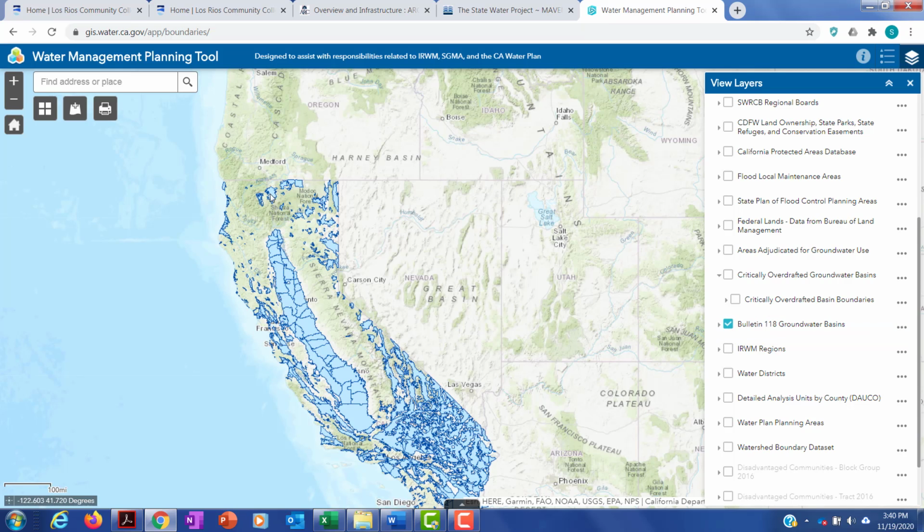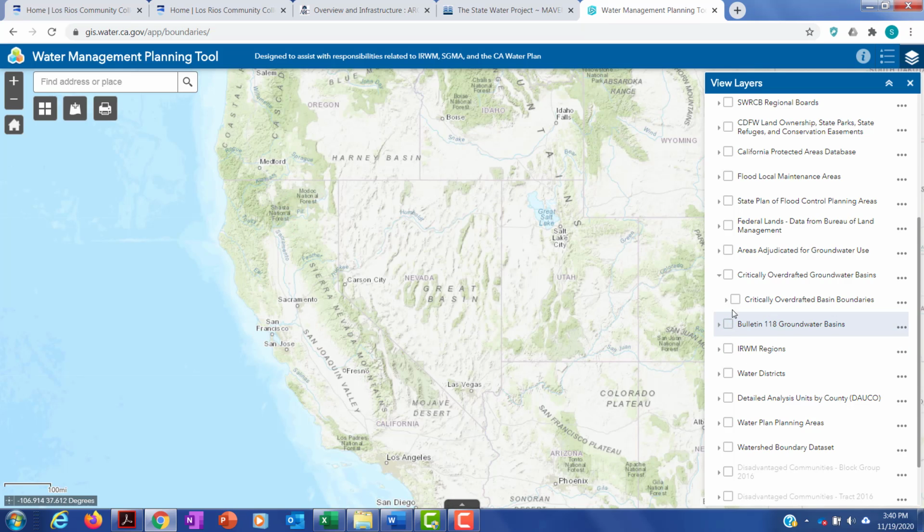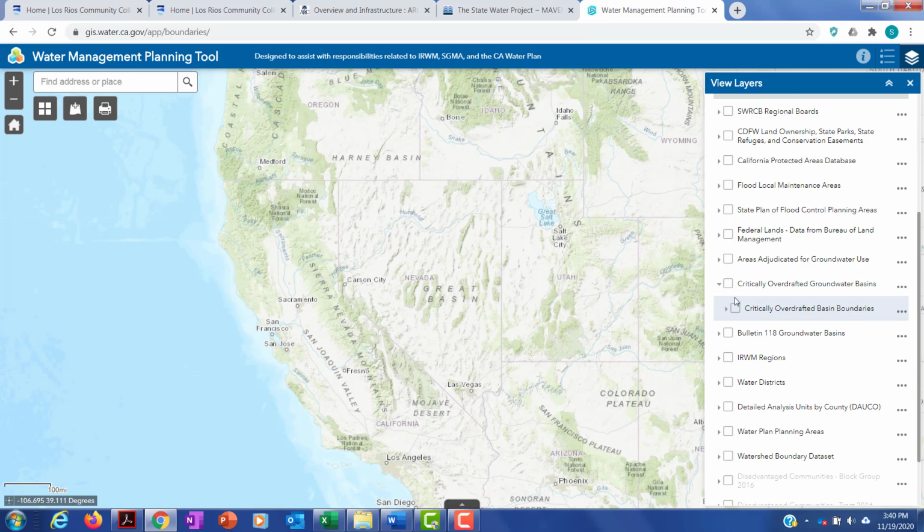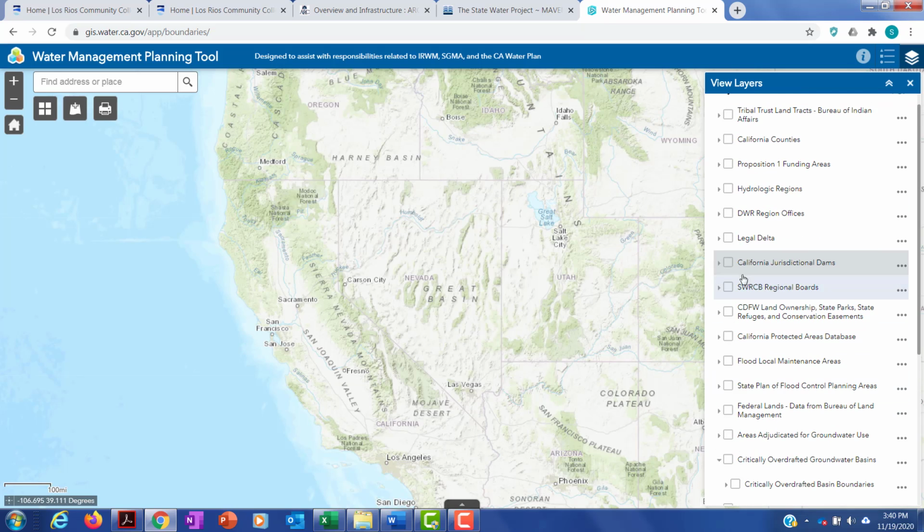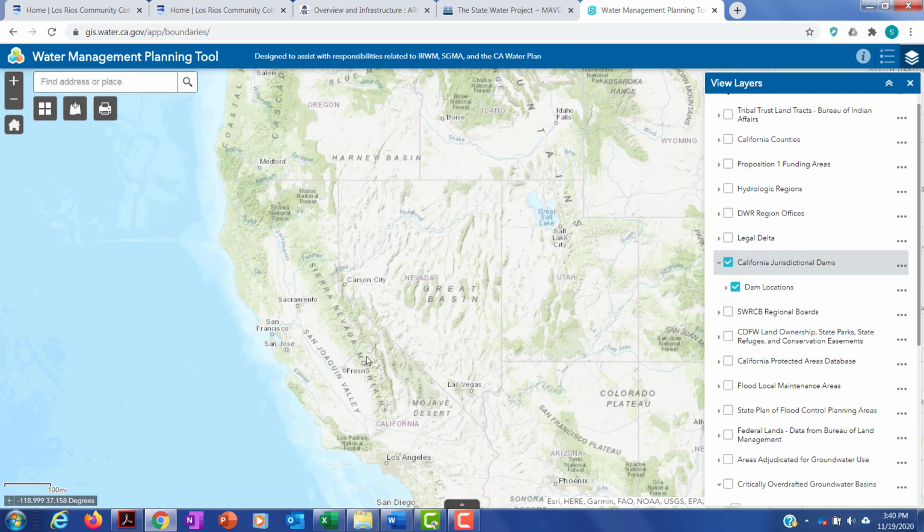These are mapped groundwater basins, and these are the basins that are critically overdrafted. You can see down south, we're pumping out more groundwater than is recharging, and they're overdrafted, and the water table's sinking. But for this exercise, I wanted you to take a look at just the California jurisdictional dams.